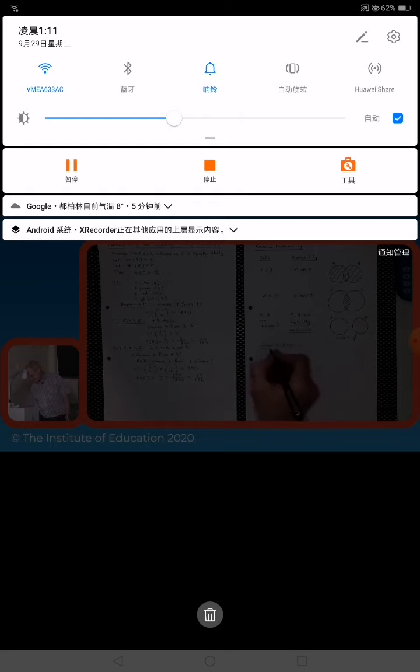Now, the addition rules, there's two of them. The first one is the addition rule for mutually exclusive events.